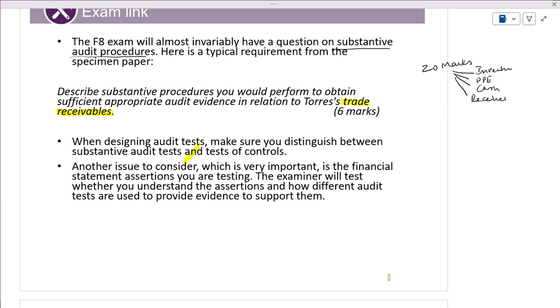Another issue to consider, which is very important, is the financial statement assertions you are testing. The examiner will test whether you understand the assertions and how different tests are used to provide evidence to support them. We are doing recalculation, reperformance, analytical procedures.